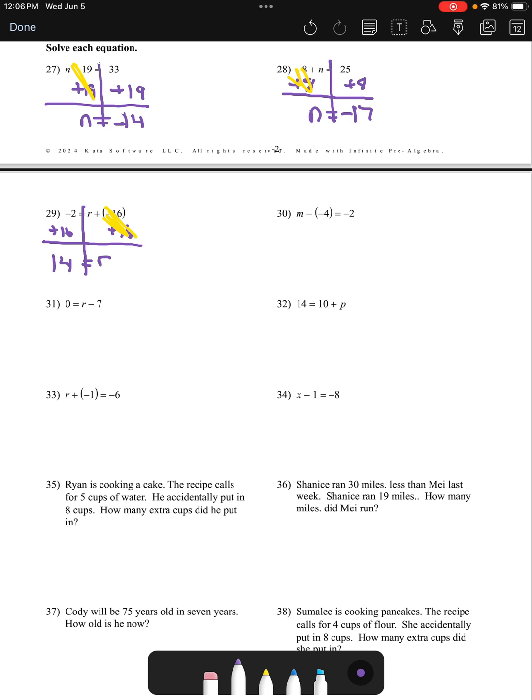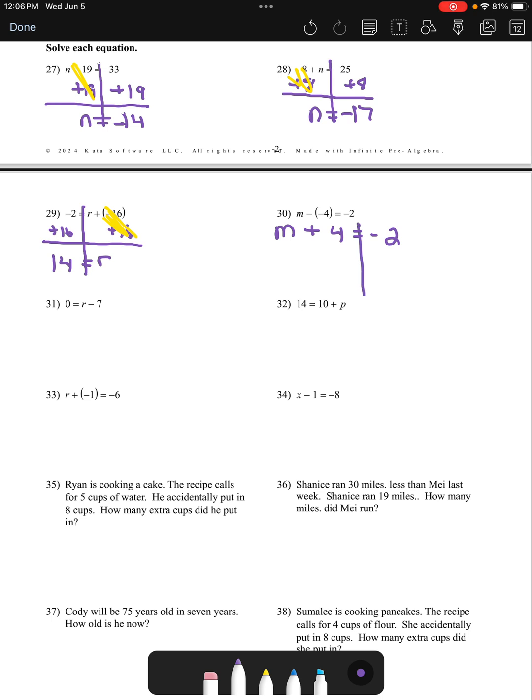You must recall from our work with integers, anytime we saw minus negative, we immediately rewrote. Remember, minus negative gets replaced with plus. So m minus negative 4 becomes m plus 4 equals negative 2. Any and every time we see minus negative, we're going to clean it up.